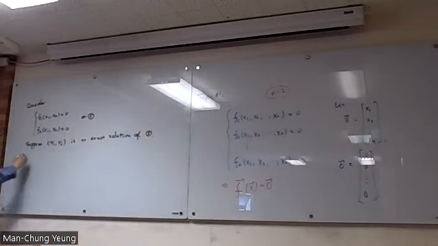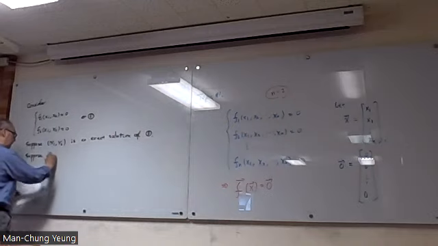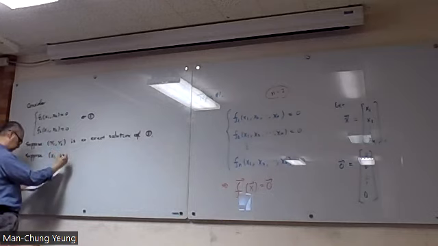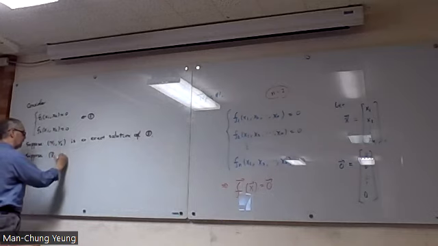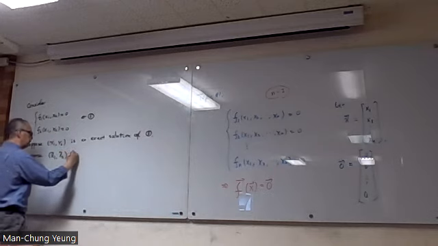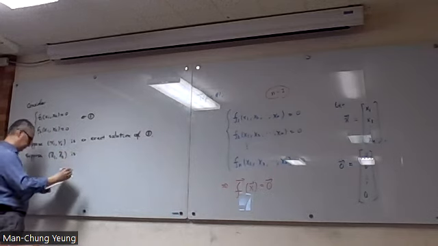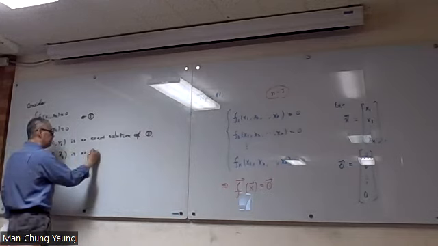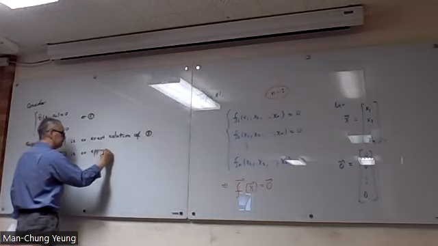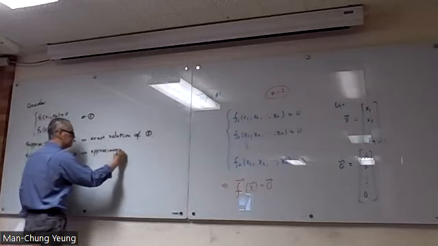And suppose we have obtained an approximation. Suppose x1 tilde, x2 tilde is an approximate solution.